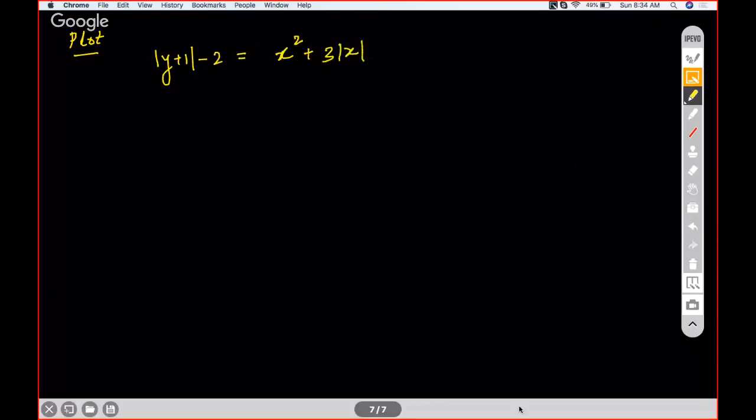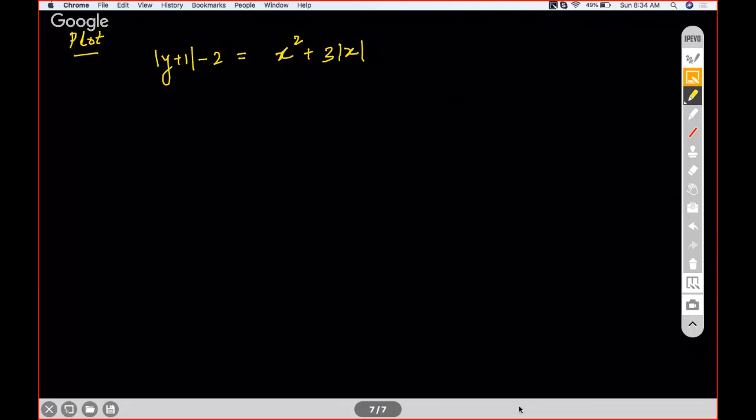So first, what you would do is plot the normal quadratic equation. You can plot x squared plus 3x plus 2 without the modulus sign.